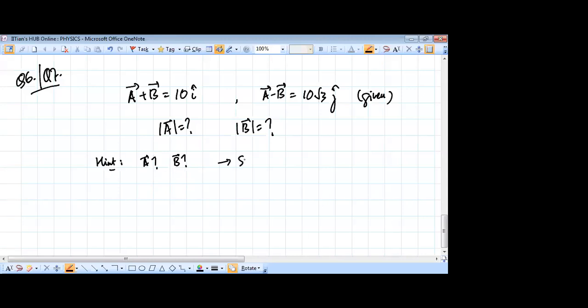So solve the two equations given to find out A and B. So this is equation 1 and this is equation 2.